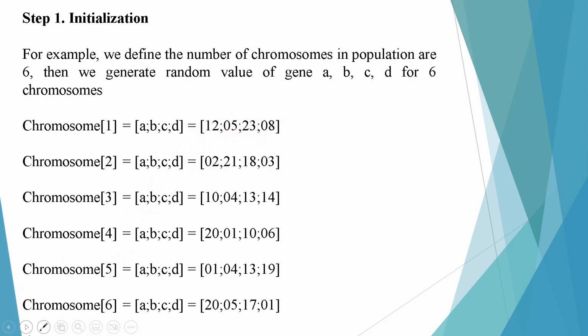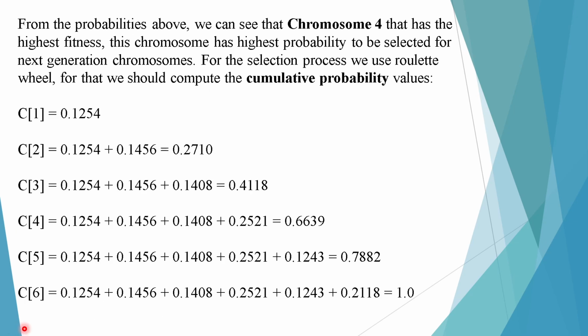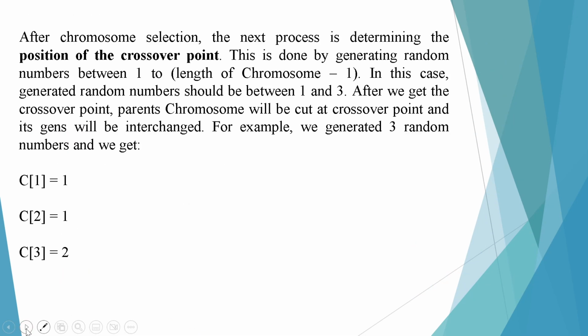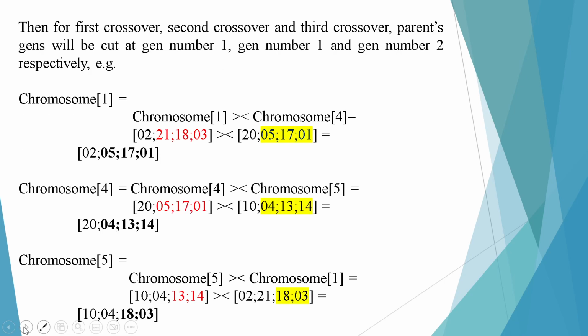So we generate a random number between 1 and length of chromosome minus 1, so 1 to 3, because length of chromosome is 4 and 4 minus 1 is 3. Generate a random number 1, 2, 3. Let's say we get these 3 random numbers: 1, 1, 2.